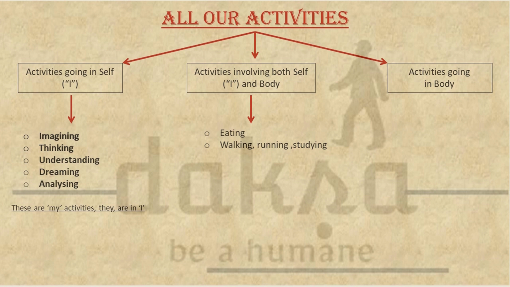This means decisions and choices are made in I and carried out via the body. And what about listening? When we listen, what is involved? I or the body? Or both? Think about it. You can think now itself, or you can pause the lecture and think about it.